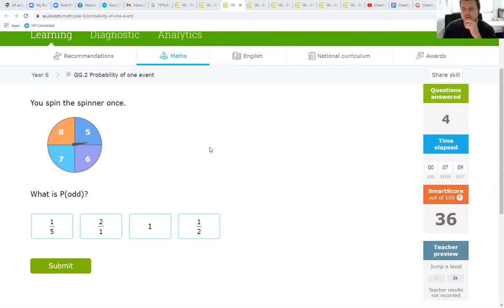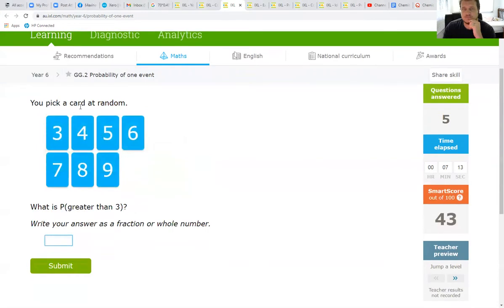One out of 2. See how fractions and probability are closely linked together. So pick a card at random.